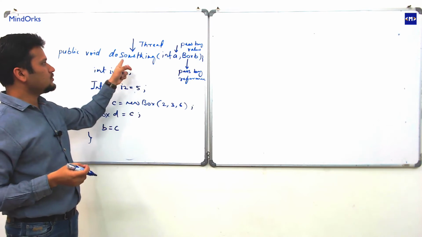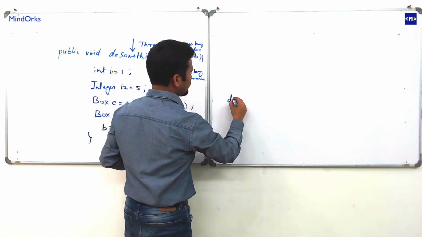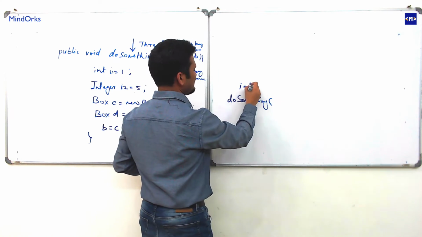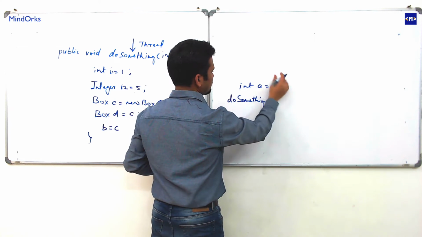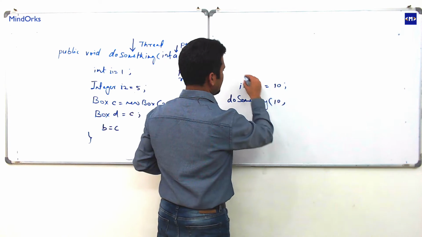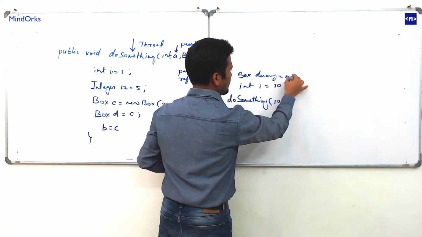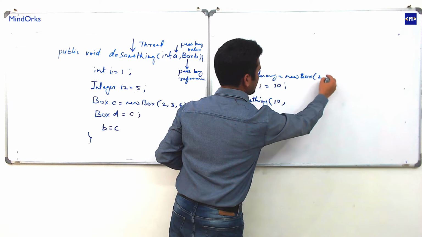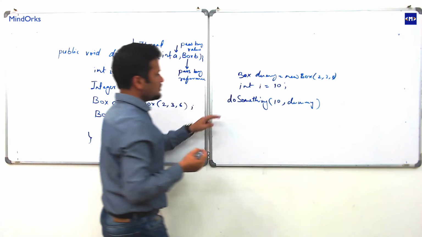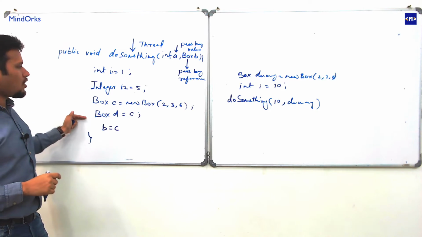When you call do something, suppose int i equals 10, and we pass this 10, and you have Box dummy, for example new Box 238, and pass this dummy. Okay, you have called this method, and this method runs this block of code.